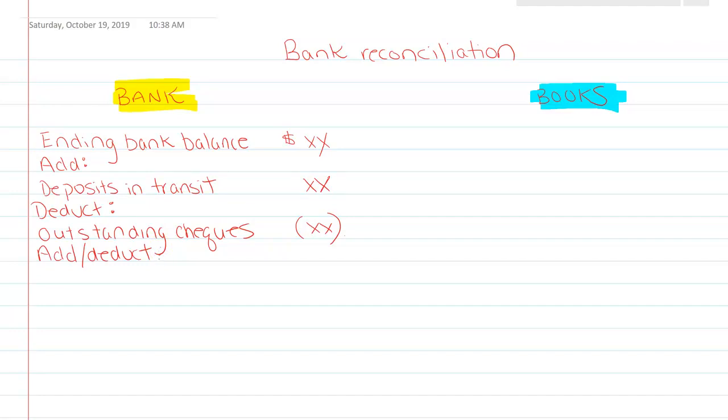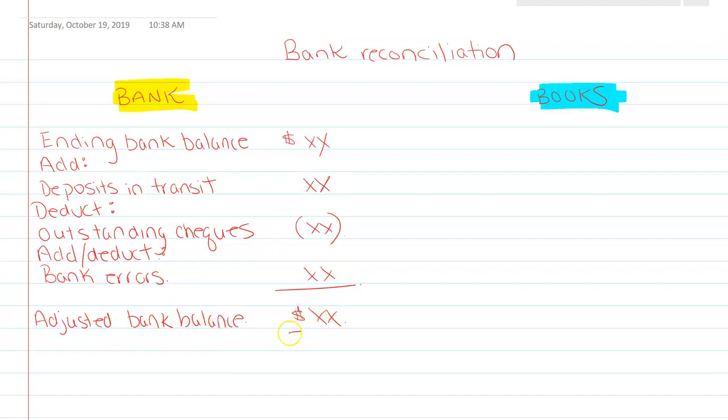So I'll just say add, deduct, bank errors. And once I have those items recorded, then I have this adjusted bank balance. And this is the amount that you'll see as the cash item on your financial statements.